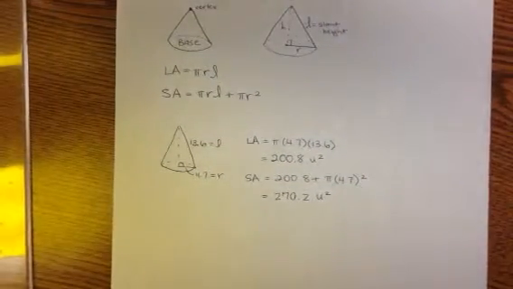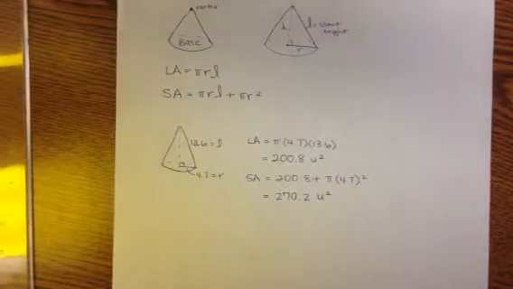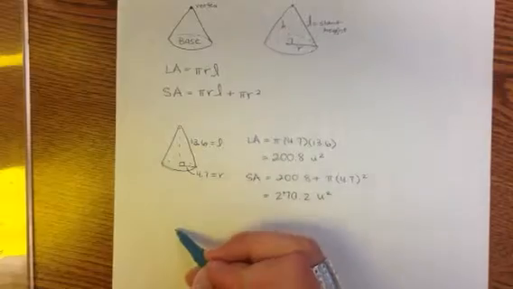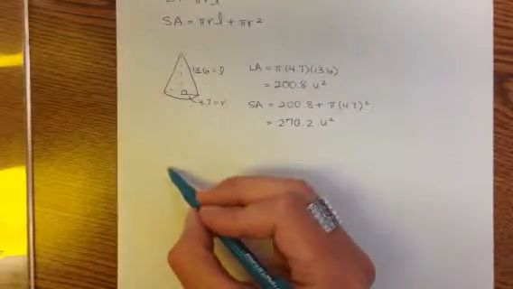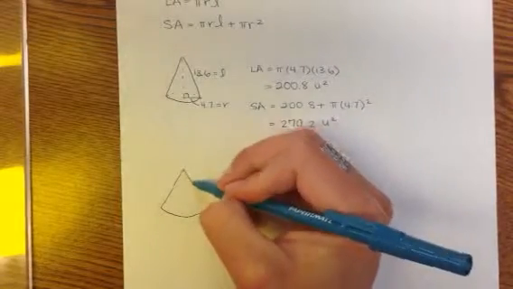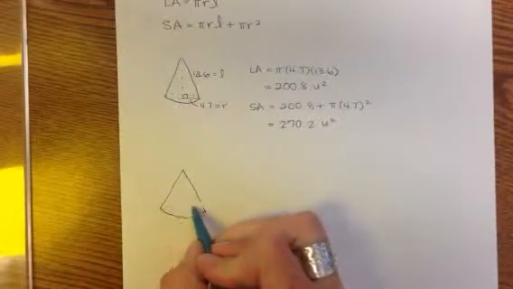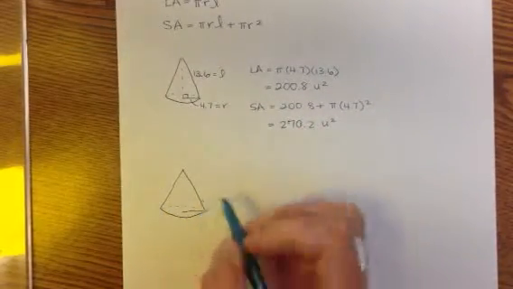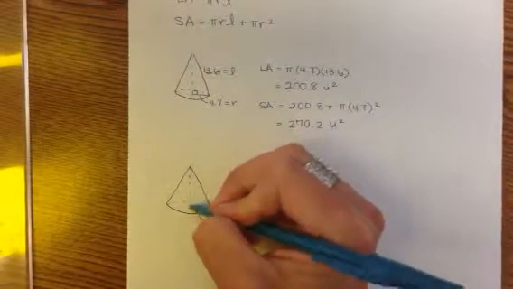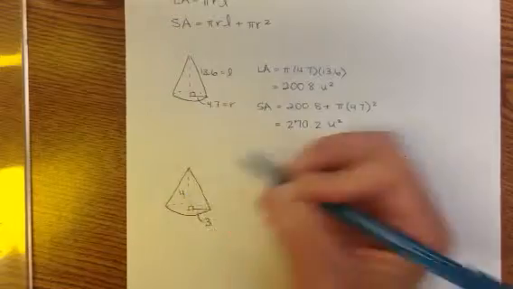Okay, now I'm going to show you an example of what you might see in your homework where it gives you the height. So let's say they told you our radius was 3 and our height was 4.